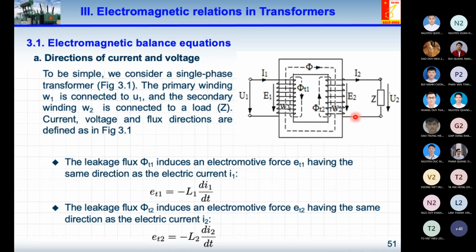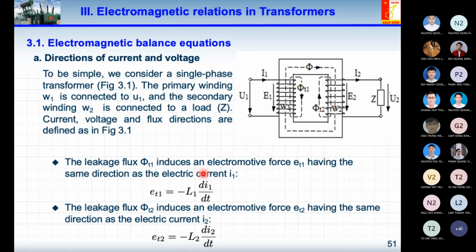ET1 is the electromotive force due to the diffusion of the leakage flux phi T1.